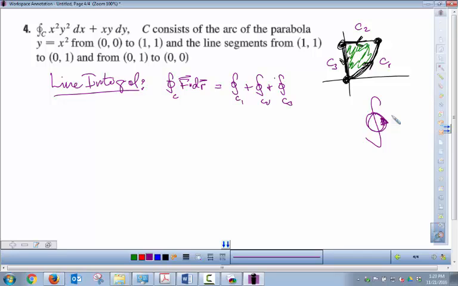Anyways, we have to do 3 of these. And so let's parameterize each of them. So C1, let's call it r1 of t, and that's going to be the parabola. Now it's going to go from 0 to 1, and if you let t equal x, then your y is just going to equal x squared, which is t squared.